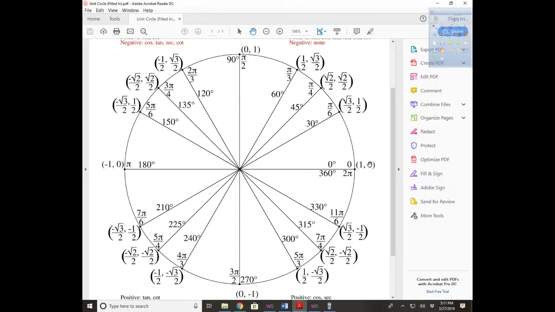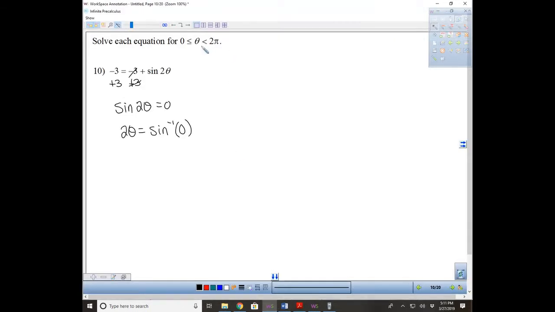Sine is the y. So that would be 0 and pi and 2 pi. But if you look, we don't include 2 pi. There's not an equal. So we're just going to say 2 theta equals 0 plus 2n pi, and 2 theta is equal to pi plus 2n pi.